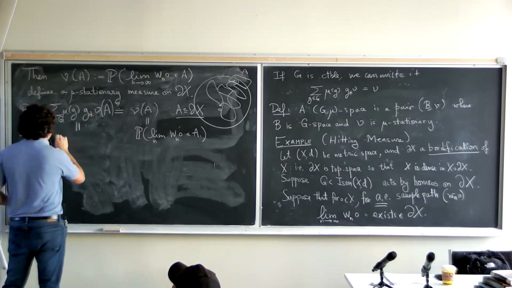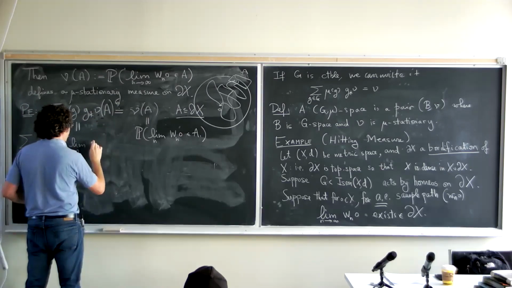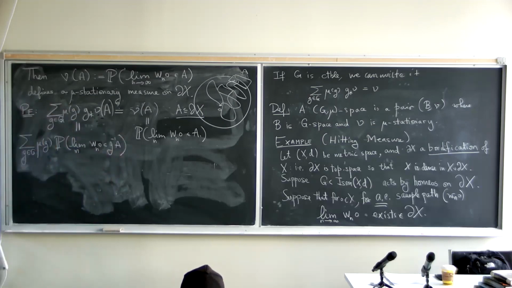So this is the probability that the limit of W_n O belongs to g inverse of A. Let's think about it. Why is this the same? Well, it's like isolating the first step of the walk.